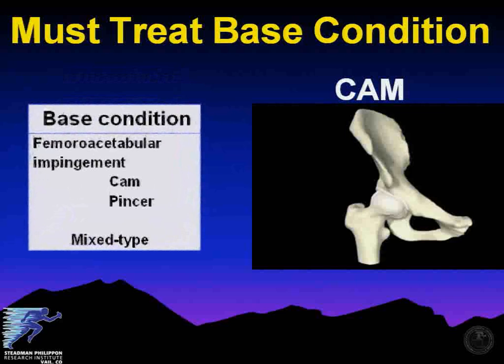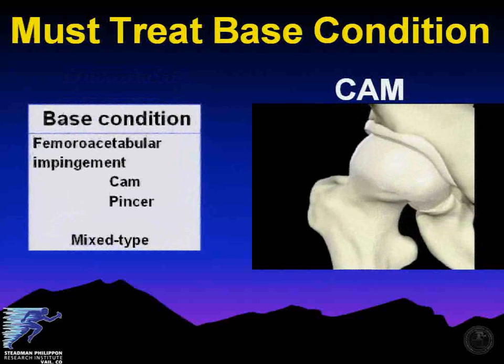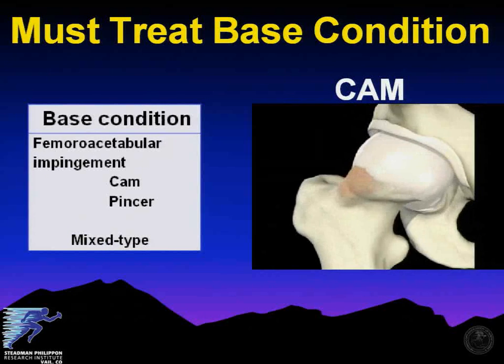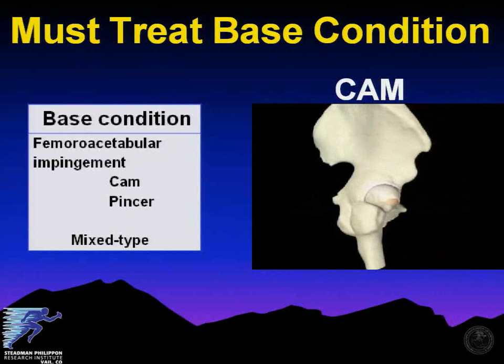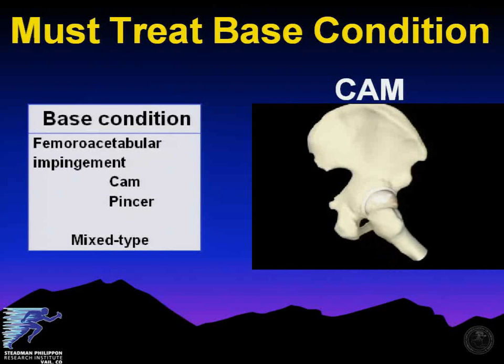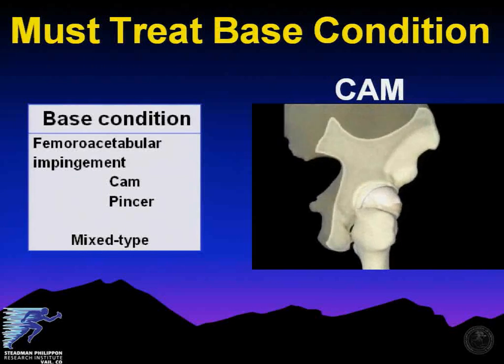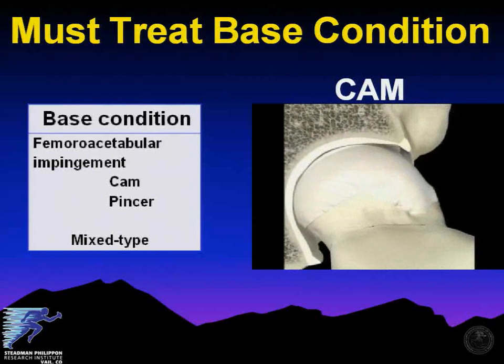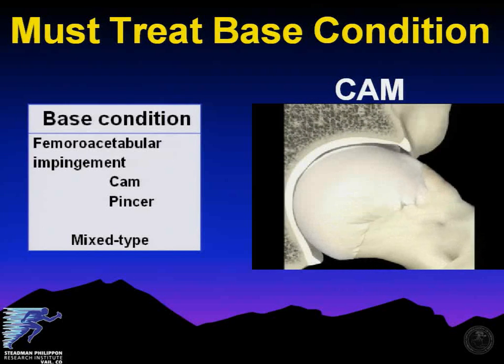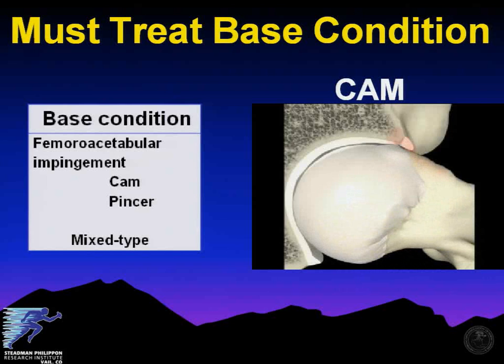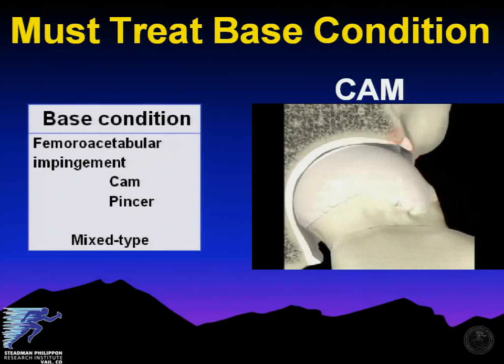This is an example of a cam impingement where the convexity of the head certainly is the cause of the problem. You can see how by rotation and flexion, if you have an abnormal head and neck morphology here, you'll have a premature engagement of the convexity at the chondrolabral junction, causing a separation of the labrum from the rim.